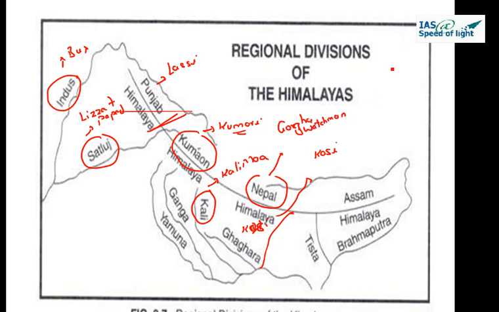Now you can see a temple of the Kashi Vishwanath and Kalima, and who is the watchman of that temple? It is again the Gorkha watchman. So between Kali and Kosi, it is Nepal Himalayas. Between Kosi and Teesta, it is the Sikkim Himalayas.